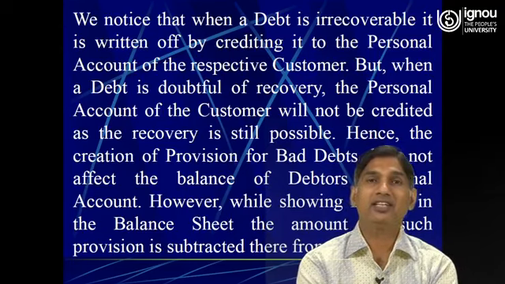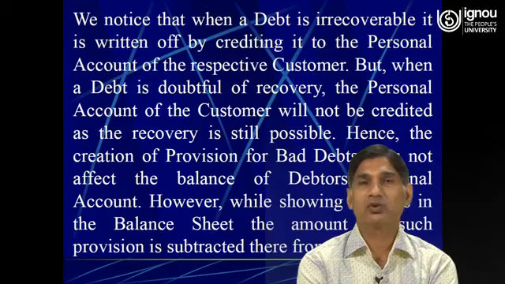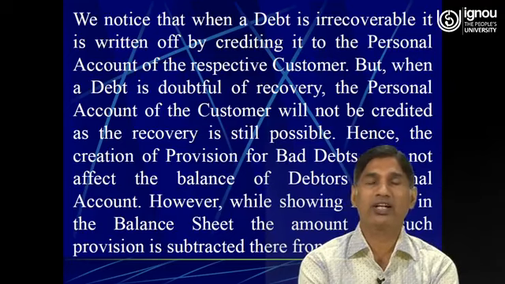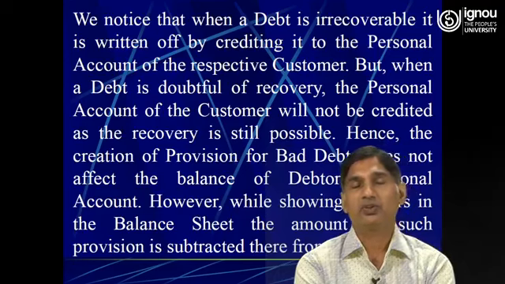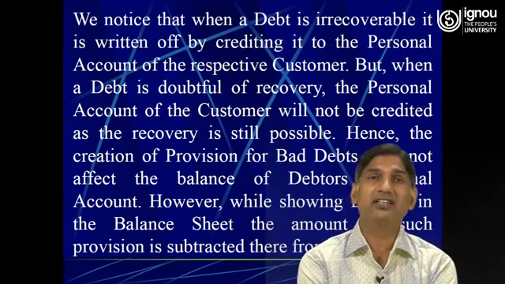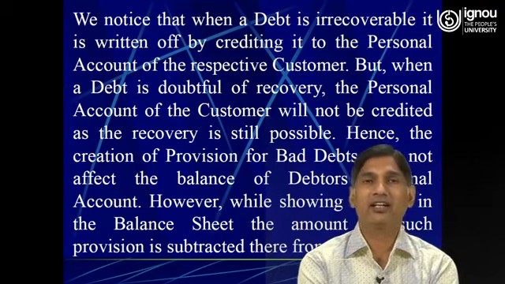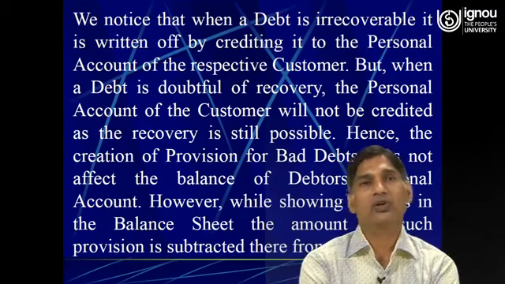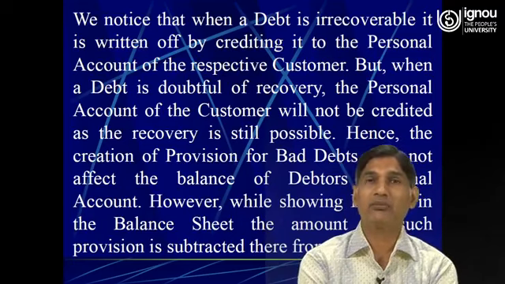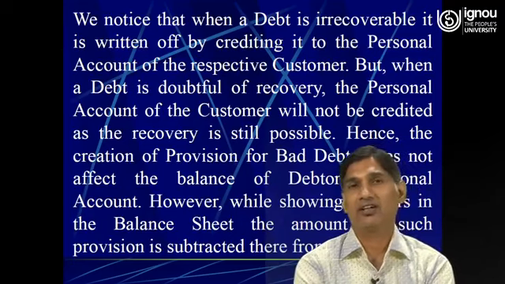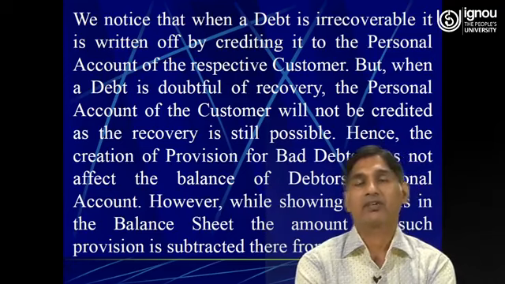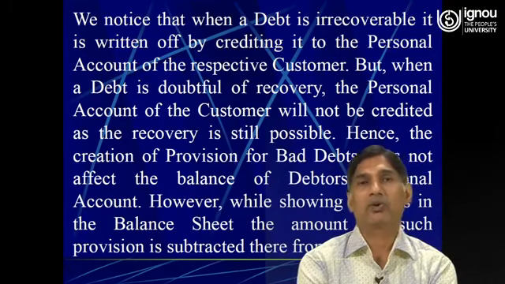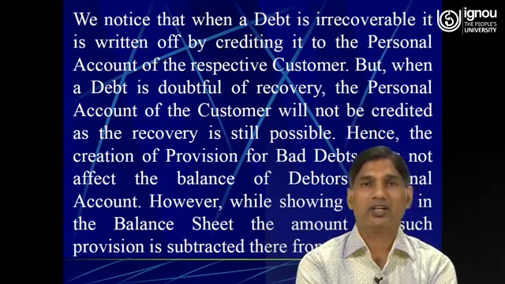So when there is only a chance of doubtful debts, the account of the debtor cannot be credited. If we credited the account of the debtor, it would mean the amount has gone into bad debts. That mistake we should never commit while dealing with the adjustment of provision for bad and doubtful debts.